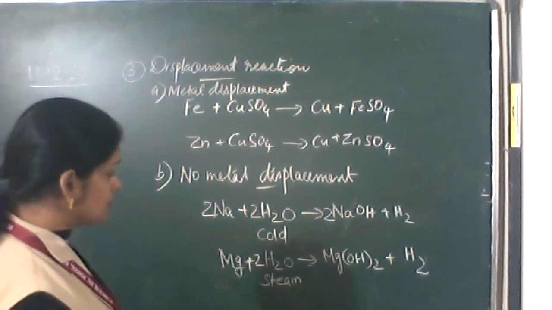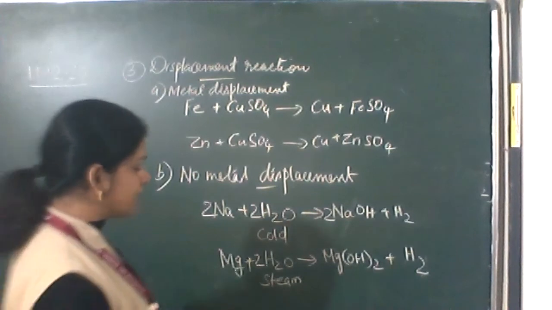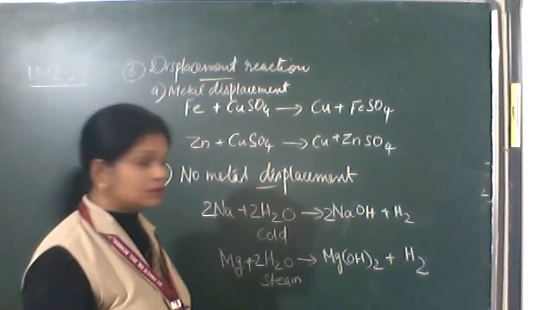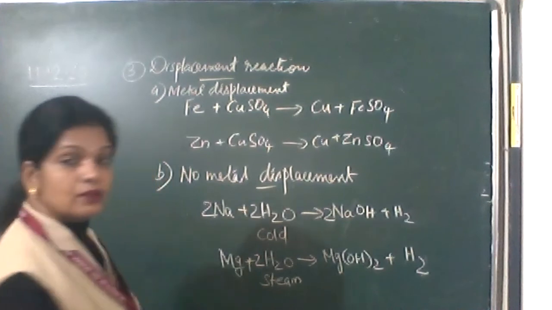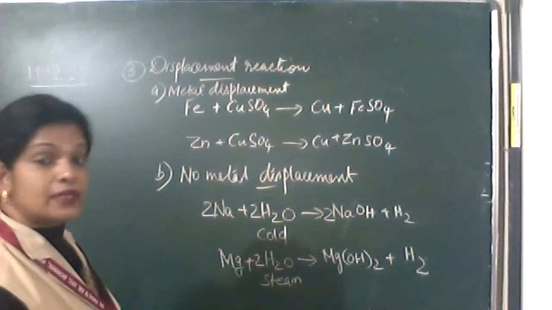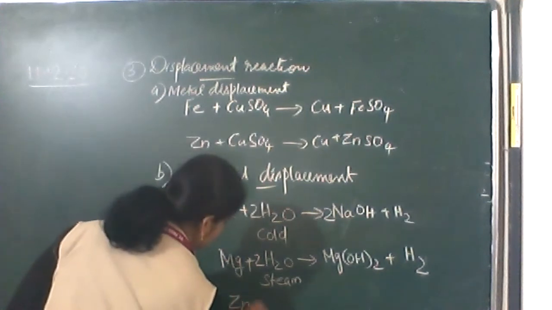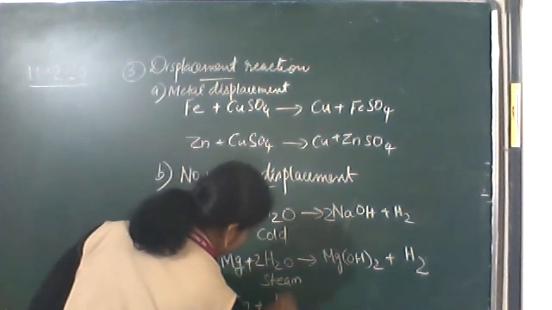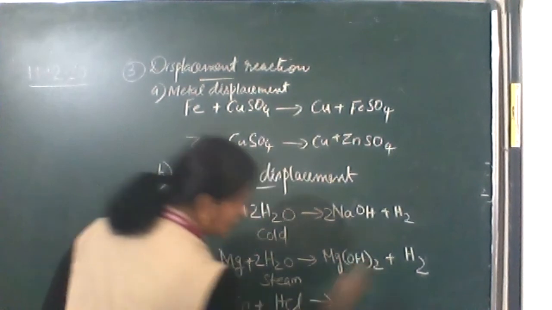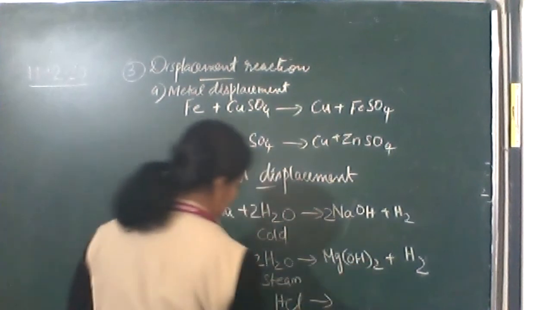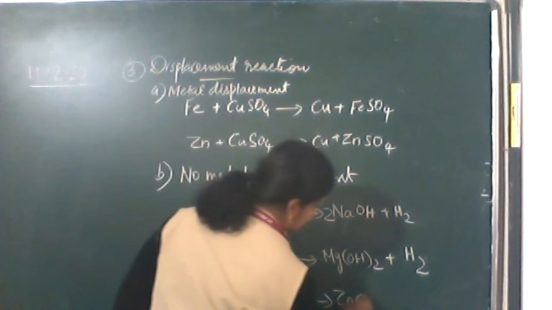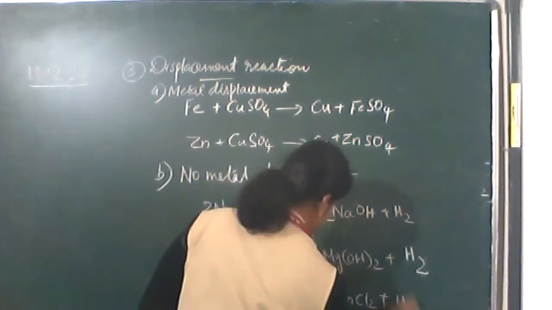But some cannot even react with the steam, so for them we have to use acid. For example, zinc plus HCl to liberate that non-metal. Zinc plus HCl gives ZnCl2 plus H2.